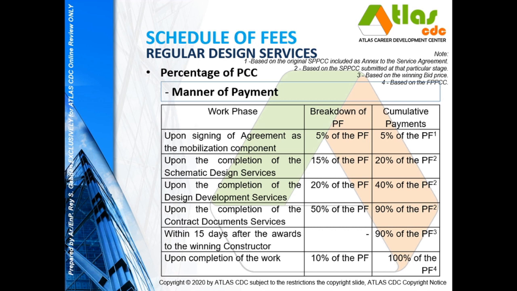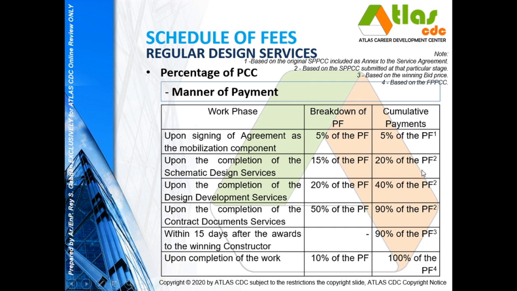Now, your basis for the professional fee is based on the project construction cost submitted at that particular stage na schematic design, because there's a possibility that the estimated construction cost may be different from the initial one, no? So you just have to multiply it 20% based on the new estimate, and just deduct whatever is the payment made prior to the second payment.